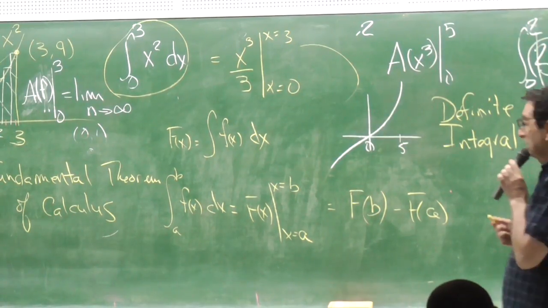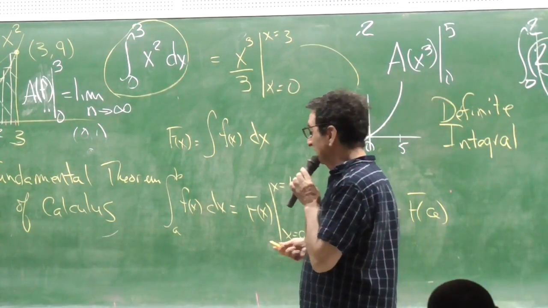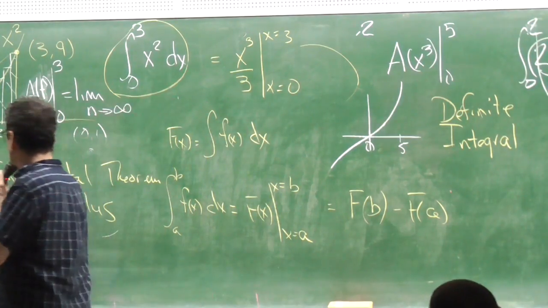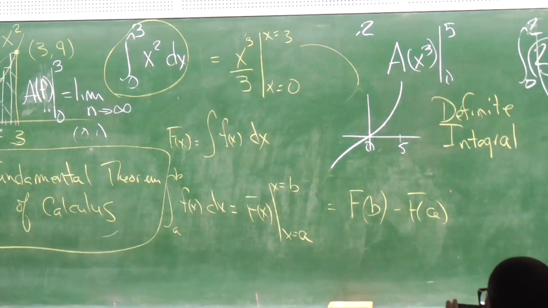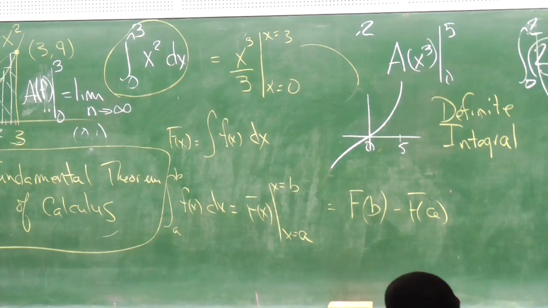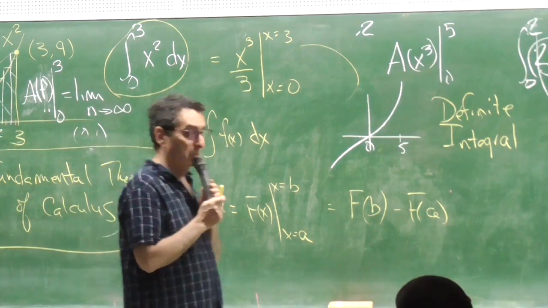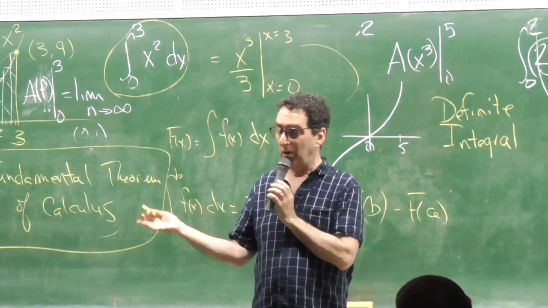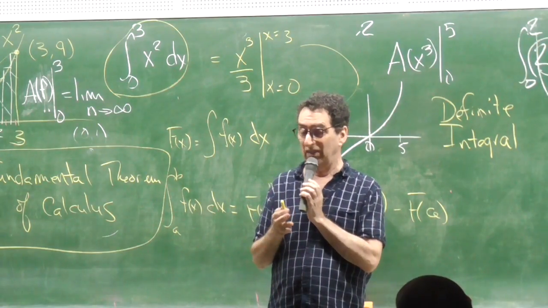But anyway, the whole thing is that we found this relationship between two separate parts of mathematics. Two separate parts are what? One is slopes and the other is areas.